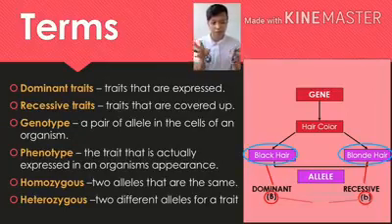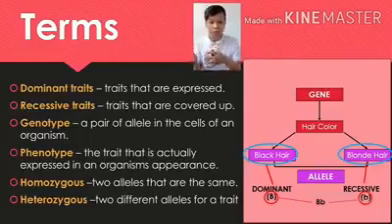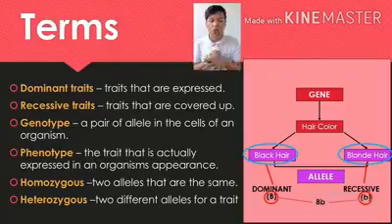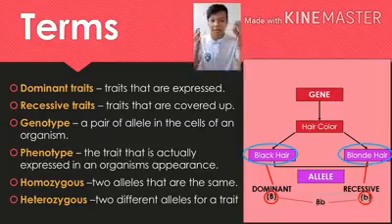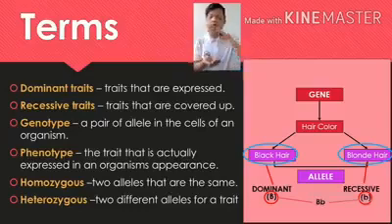If they join together, since alleles in our cells always come in pairs, we will be having one capital and one small letter B as we label it. By this, the characteristic that shall be expressed in you is having black hair, because that's the dominant trait. It will be expressed, it will cover the recessive trait.